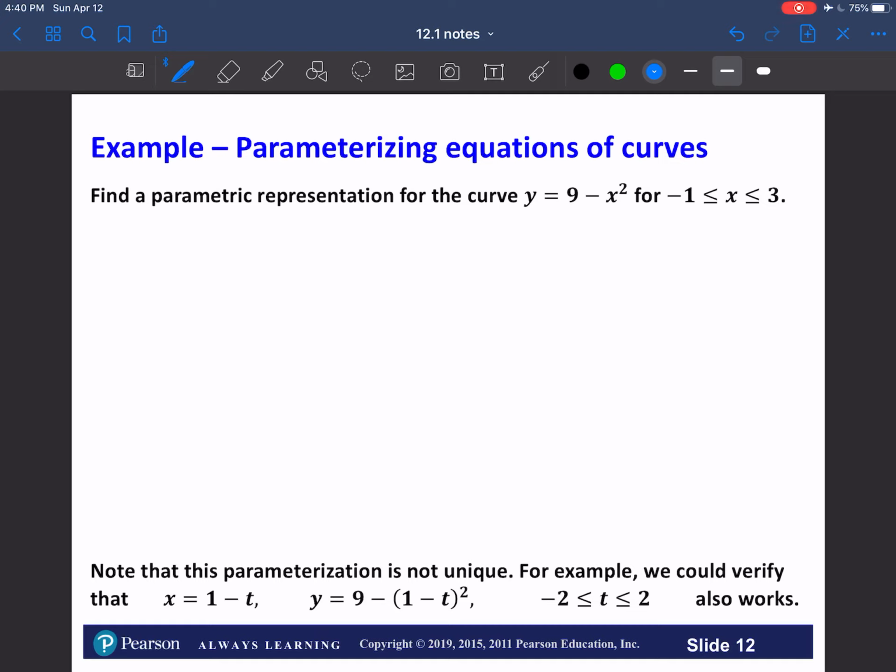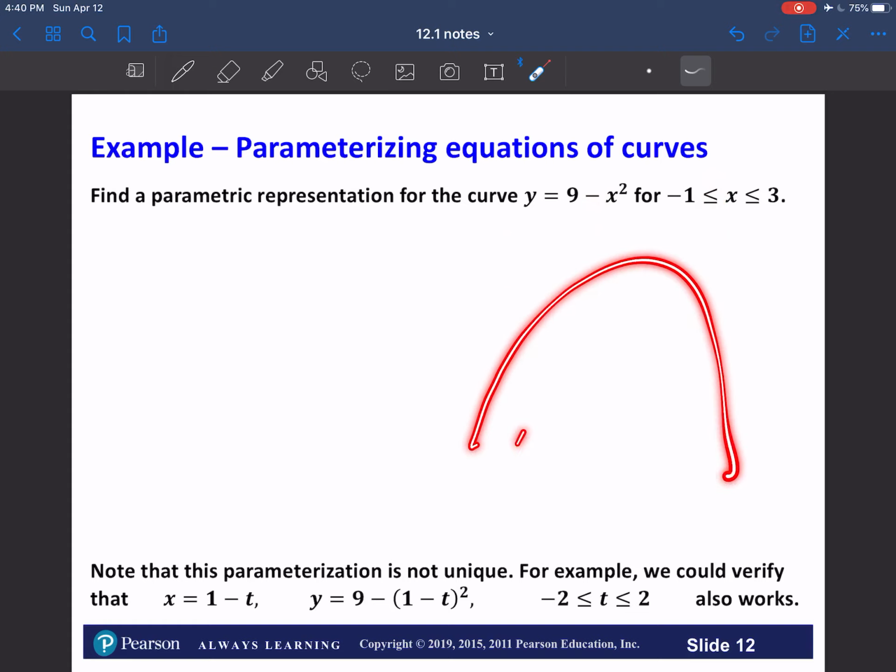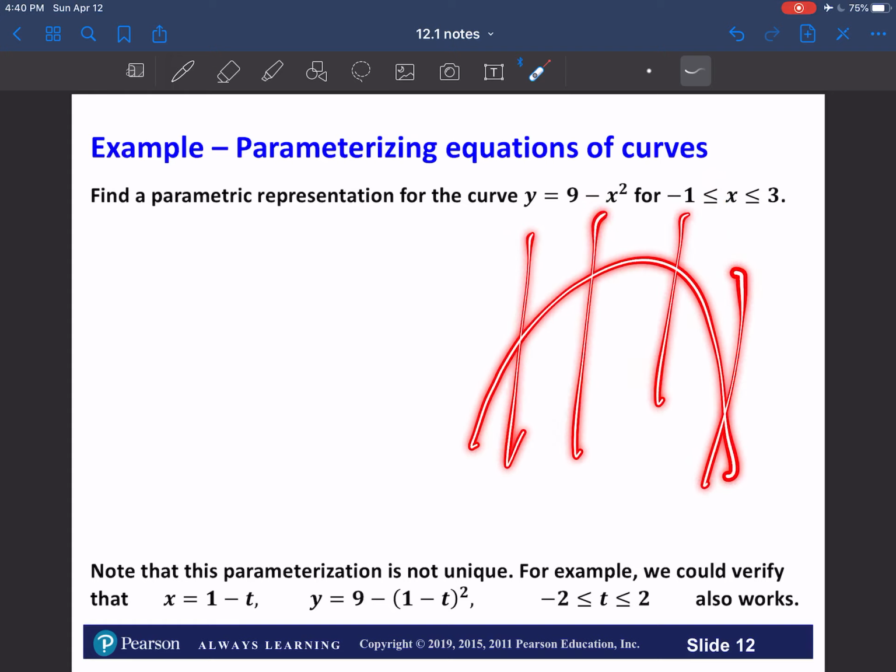All right, so the thing about these particular problems is that you will notice that this is a function, right? Y is equal to 9 minus x squared. That is a function because it passes the vertical line test. So this is just a downward facing parabola, and that certainly passes the vertical line test.